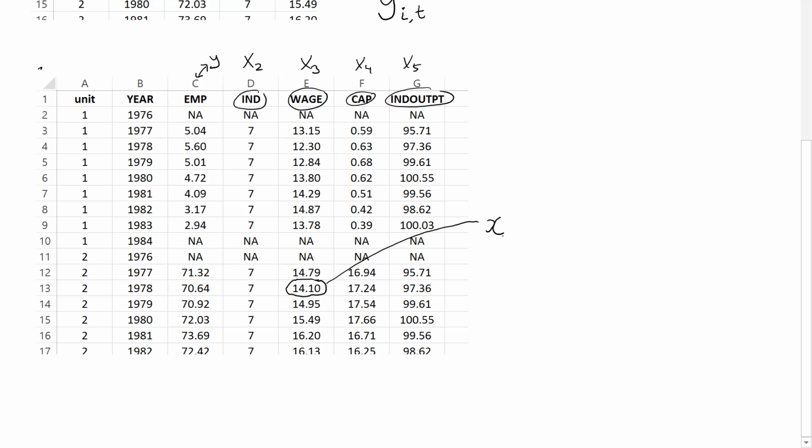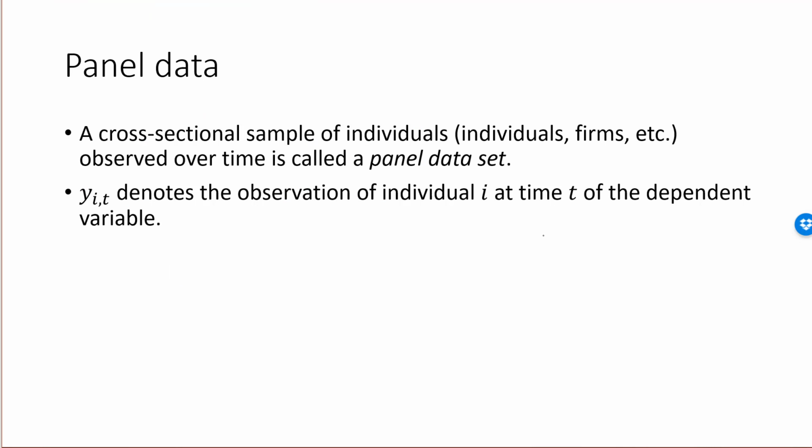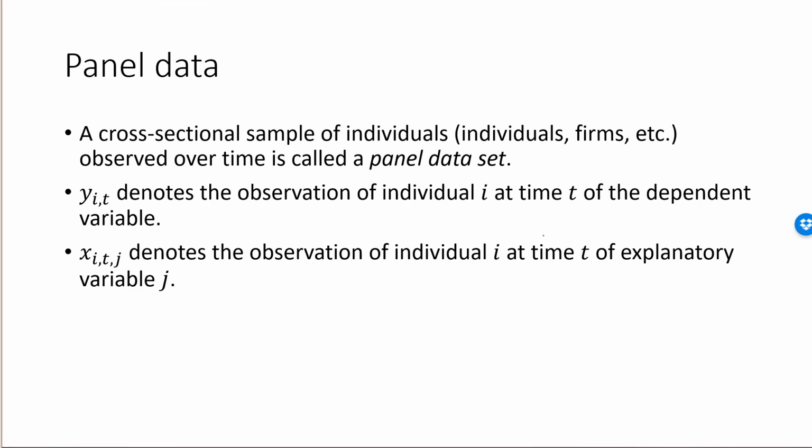We always begin with the cross-sectional unit number, so that's this number here, 2. We continue with the index for time, and this observation is at t equal to 3. And finally, we put a 3 here to remind us that this is the explanatory variable denoted by x3. So the generic notation for explanatory variables is x i,t,j, where i is the cross-sectional unit number, t is the time index, and j means that it's explanatory variable j.